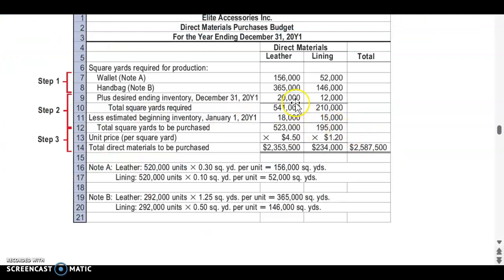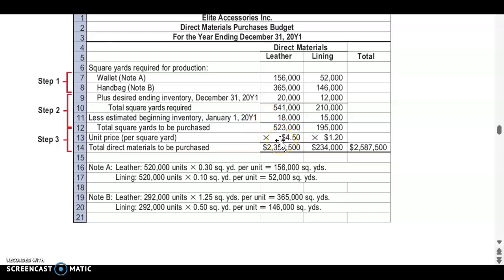So that is where the 20,000 and the 12,000 came from. So we add the desired ending inventories. We're going to subtract the estimated beginning inventories, and that's going to give us our total square yards that need to be purchased.